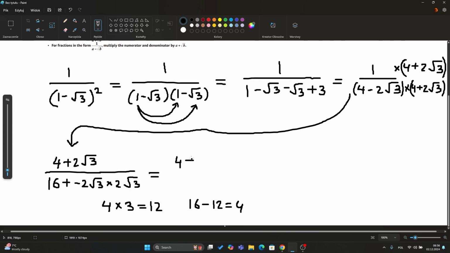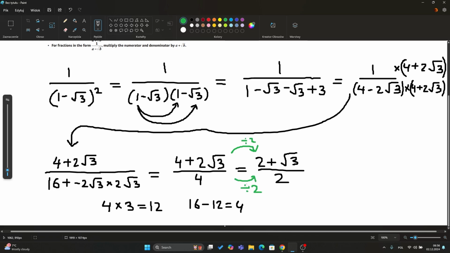So 4 plus 2 root 3 over 4 is going to be 2 plus root 3 over 2. This is because we can also divide this by 2 to simplify it even further.